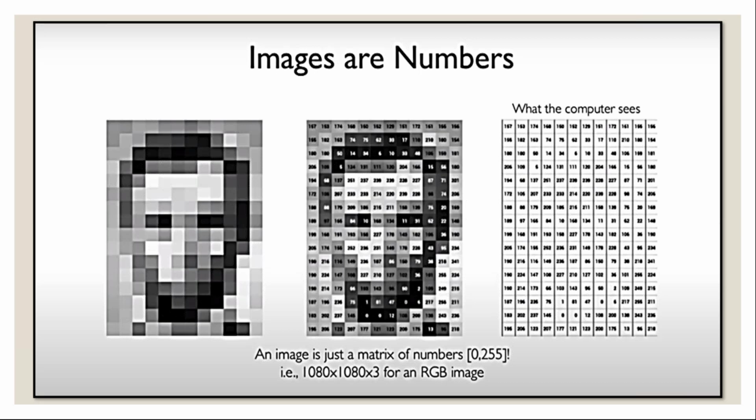Grayscale image means the pixel values range from 0 to 255, so you have only one two-dimensional matrix. Because this picture is grayscale, the color of the pixel ranges from white to black, and in between you have some grayscale values. So the pixel values are from 0 to 255 for a grayscale image.